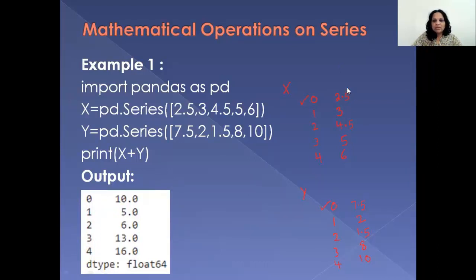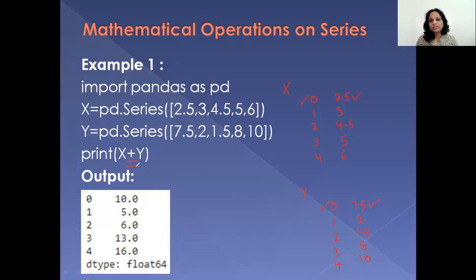Now, can you see here you've got your answers. Let's see how that was calculated. So you have 2.5 plus 7.5, and mind you, I've done the addition operation. You could have done subtraction, multiplication, division, floor division, exponent, up to you. Any of those arithmetical operators we have learned.